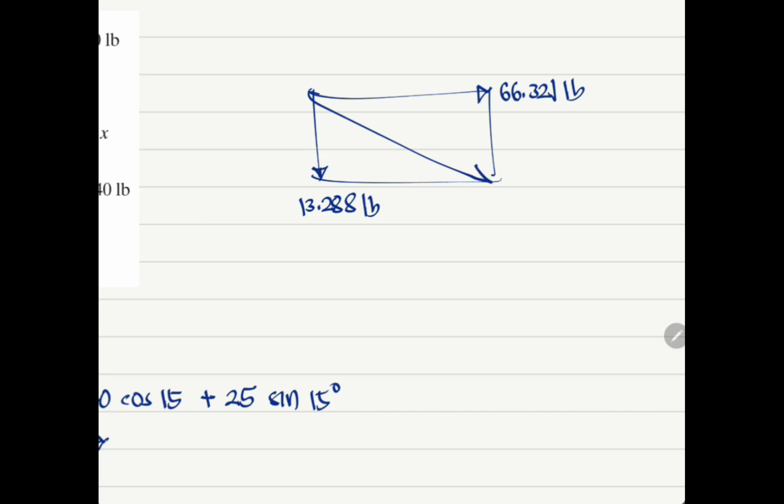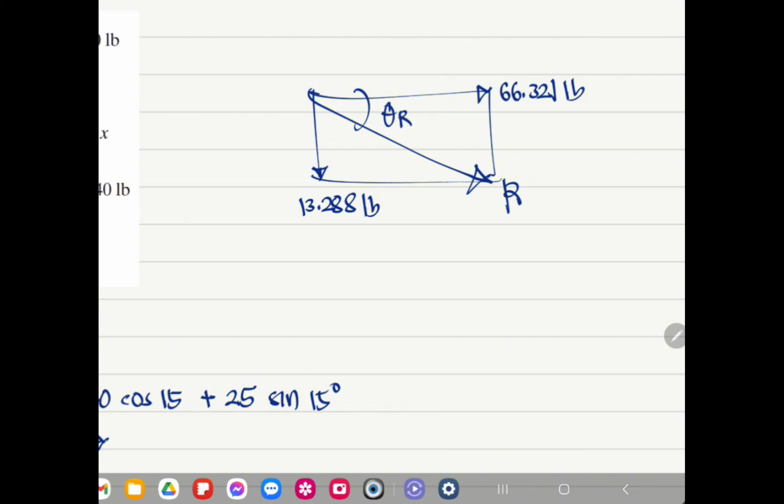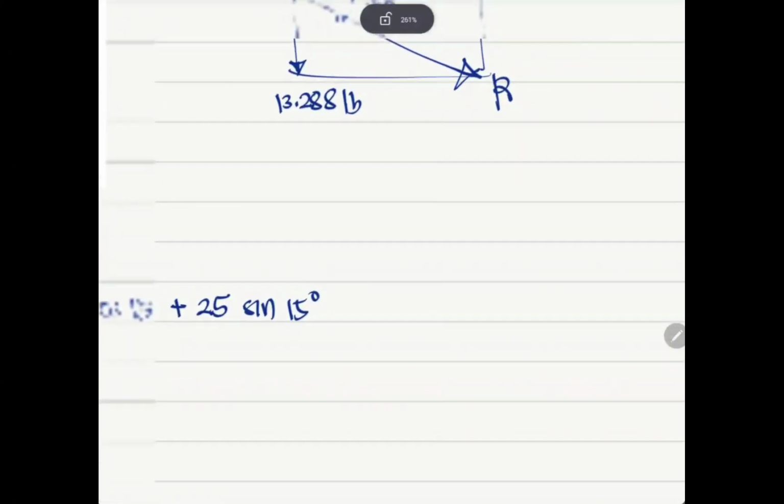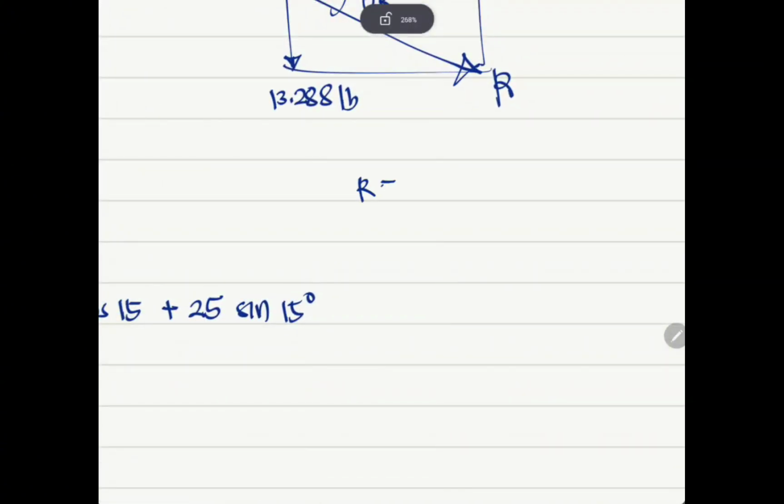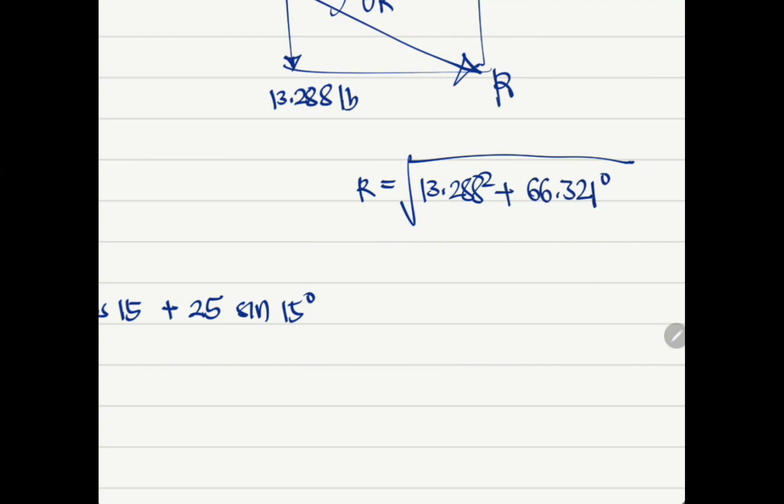Then here is your resultant force R, and here is theta R. So R therefore is equal to the square root of 13.288 squared plus 66.321 squared.